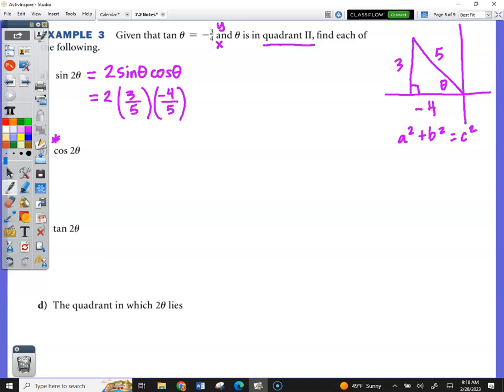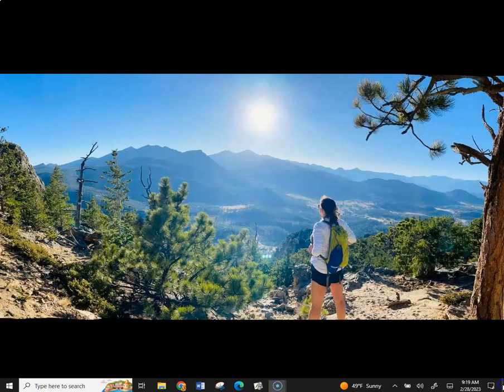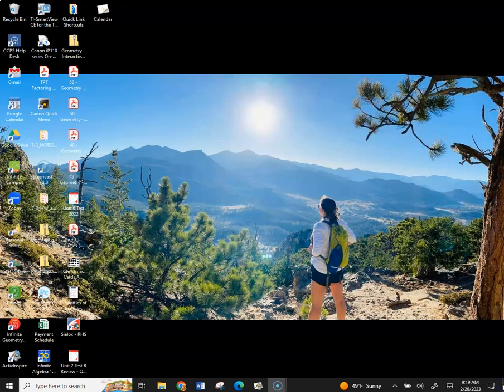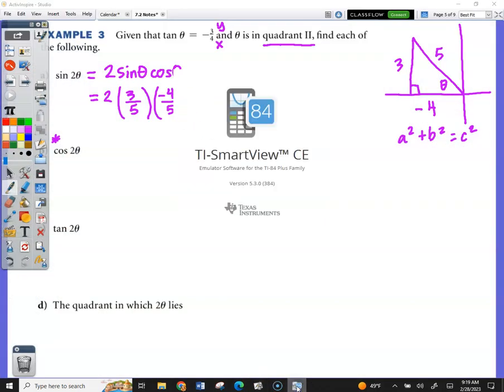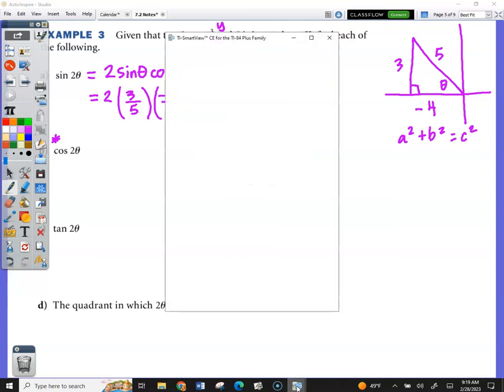Every time. So you go to your calculator and you would type 2 times 3/5 times -4/5. And you would leave your answer as a fraction, and that's it.